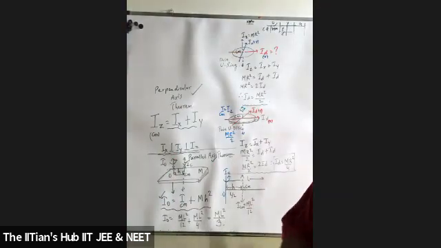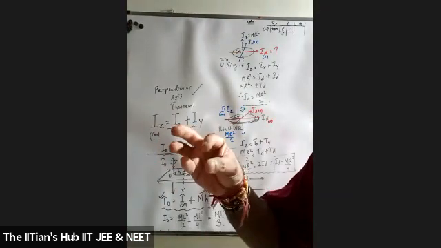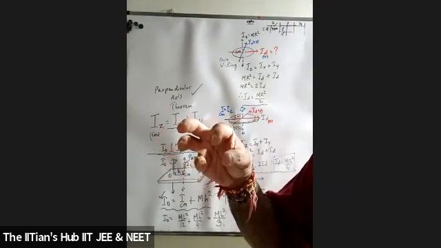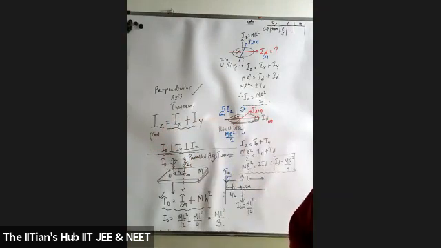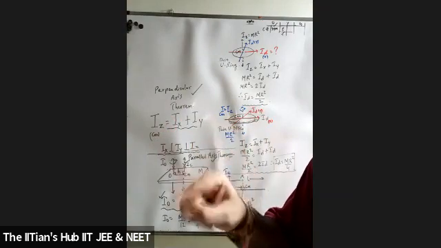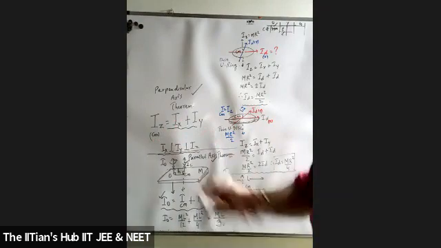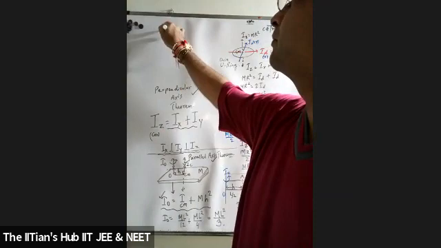Students, if a body is rotating and it is also going in translation, what kind of motion is that called? Body rotating plus translational. What kind of motion is that called? Rolling motion.